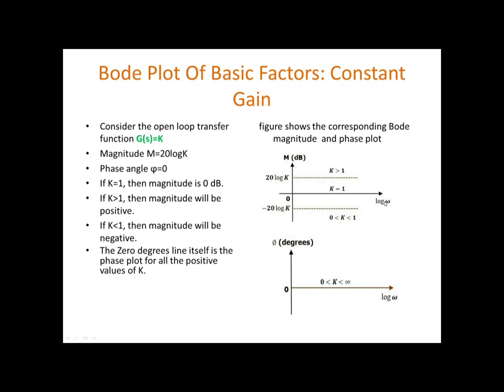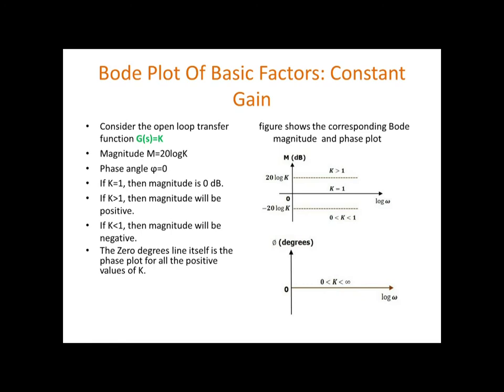Next, consider the case when K is greater than 1. Suppose we consider any value greater than 1, that may be 2, 3, 4 or any value a. So, it becomes 20 log a, or 20 log of that value. So, it will be a positive constant and the angle will be again 0.